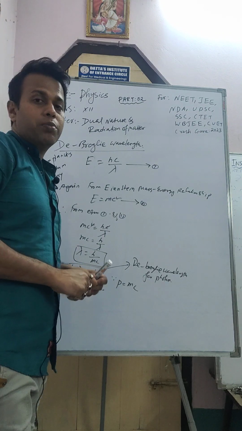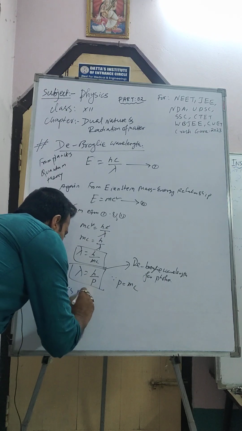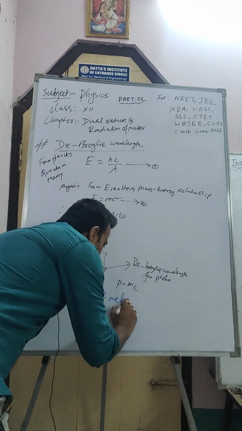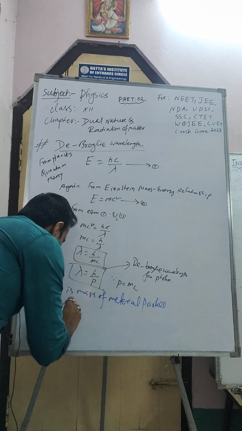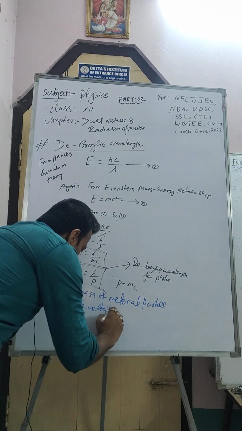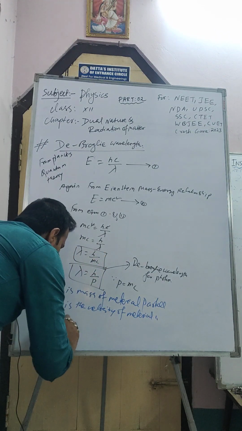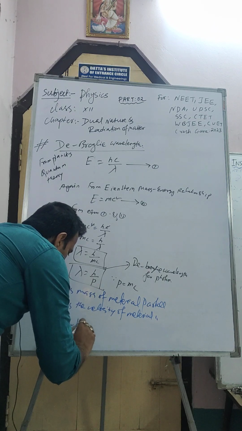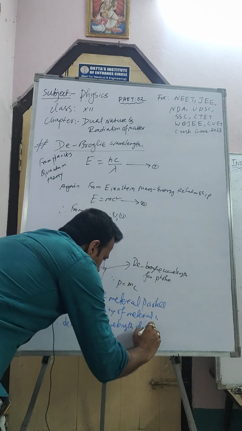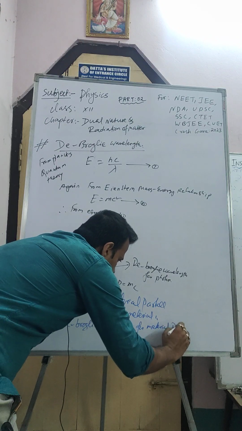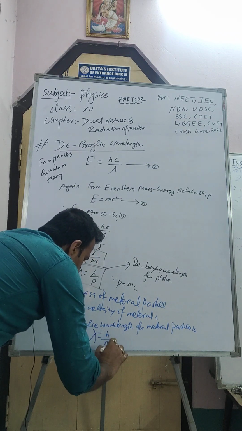de Broglie wavelength for a material particle will be what? If m is the mass of the material particle and v is the velocity of the material particle, therefore the de Broglie wavelength for the material particle is lambda is equal to h by mv.